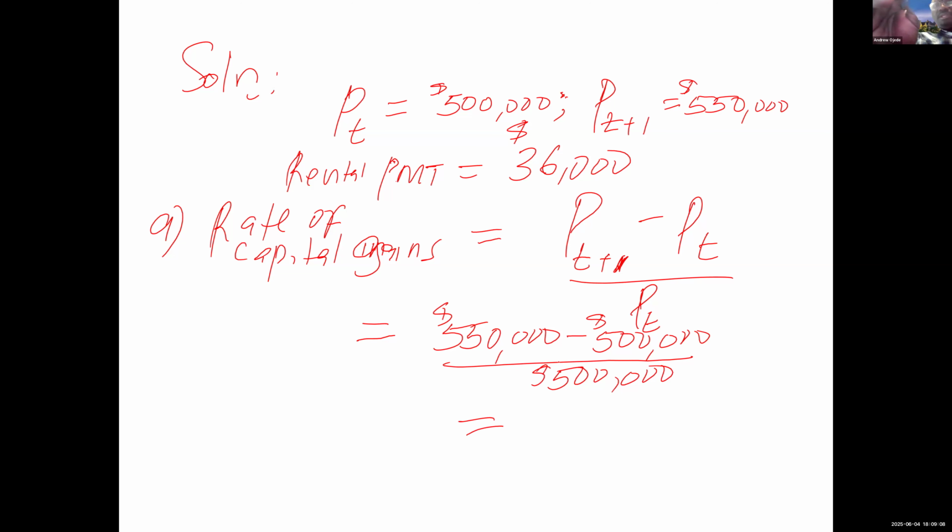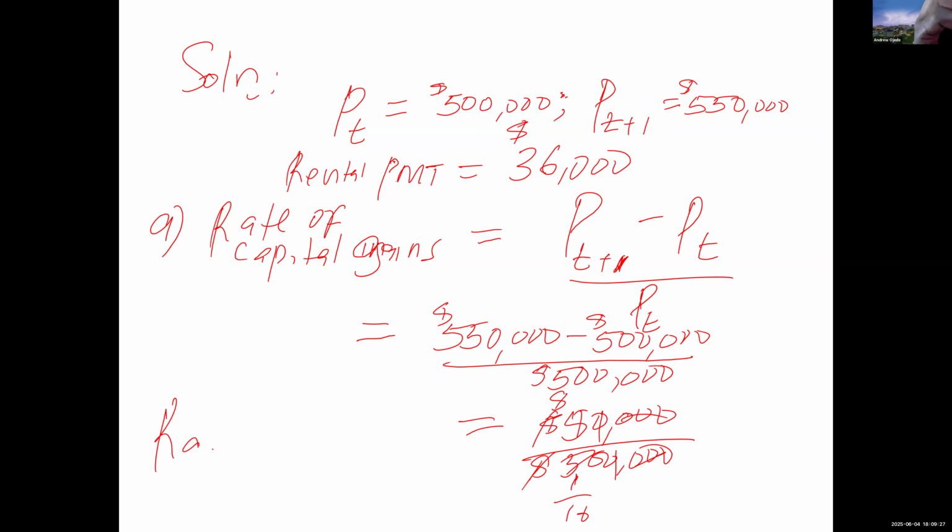The numerator is going to be $50,000 divided by $500,000. The dollar signs cancel, the zeros cancel here. So you get 1/10. That means the rate of capital gains is going to be 10%. That's right.